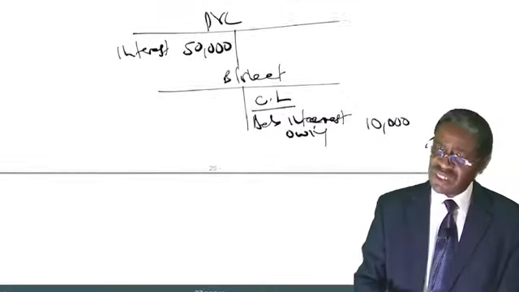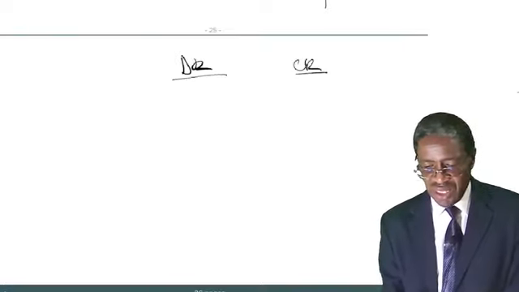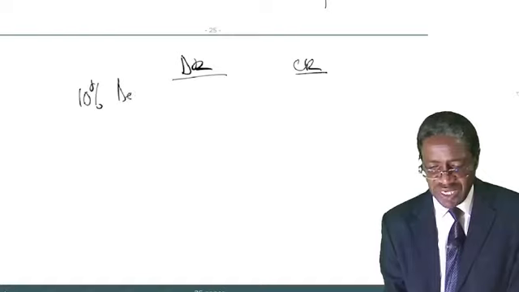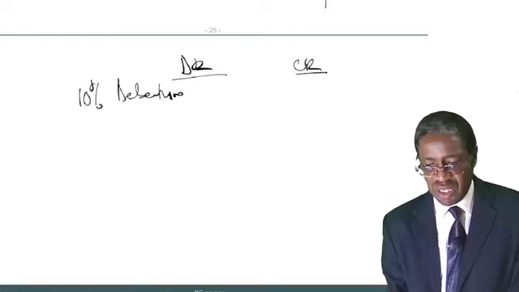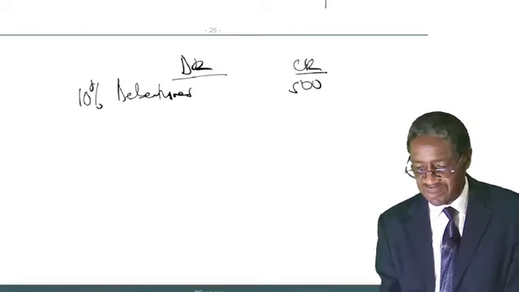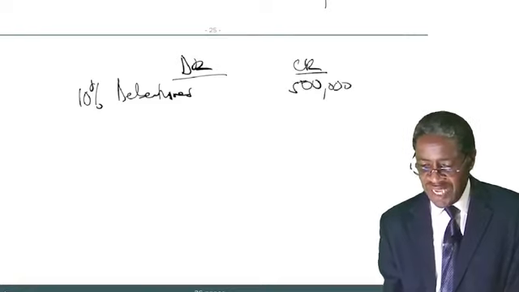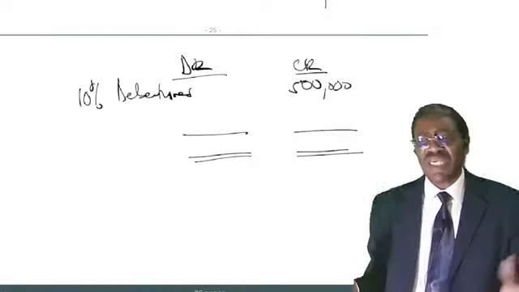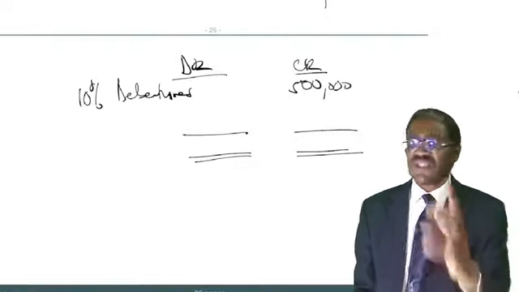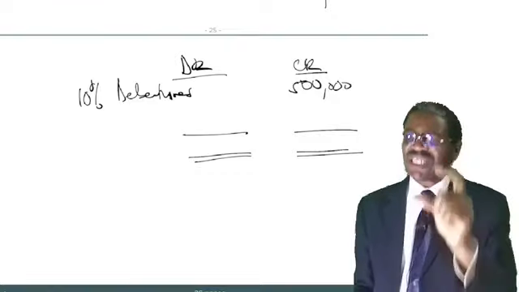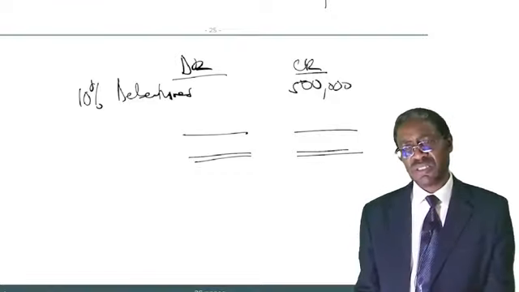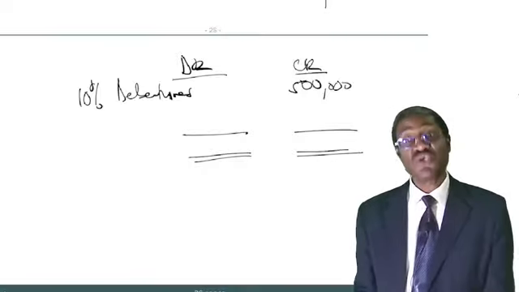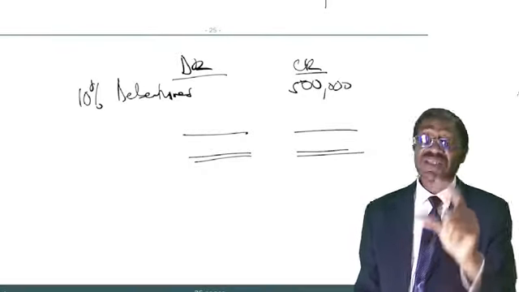Other times, the examiner could set a question that gives you a trial balance of this nature. In that trial balance, you have 10% debentures amounting to 500. That's all. From that trial balance, I can't see interest. Does it mean that I'm not going to charge interest? The answer is no. You still must recognize interest.